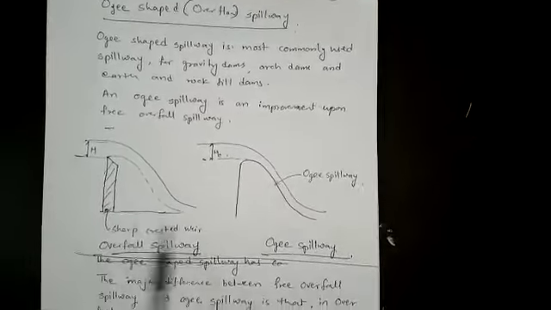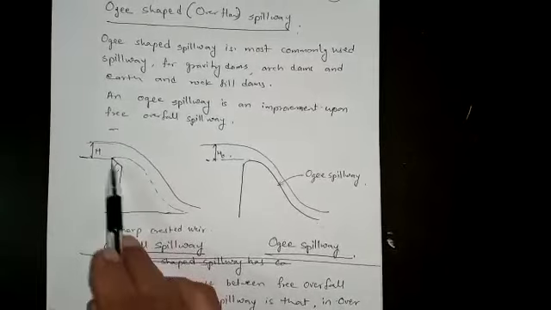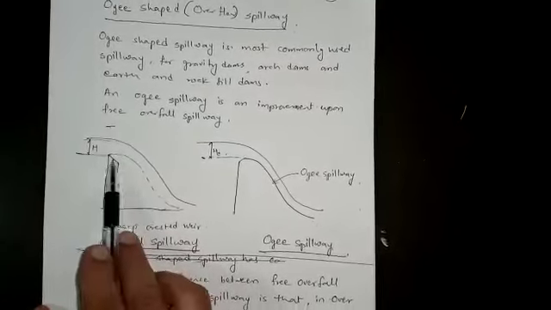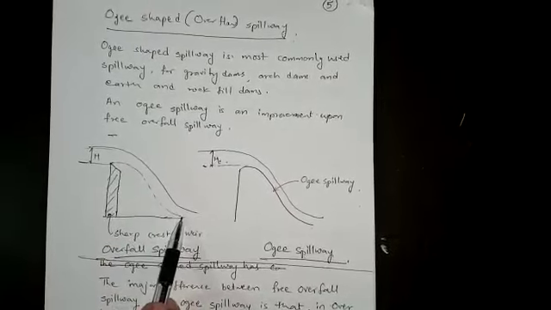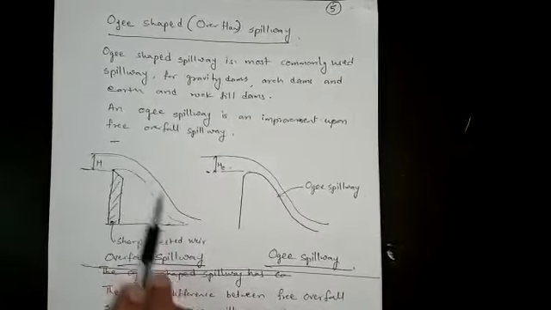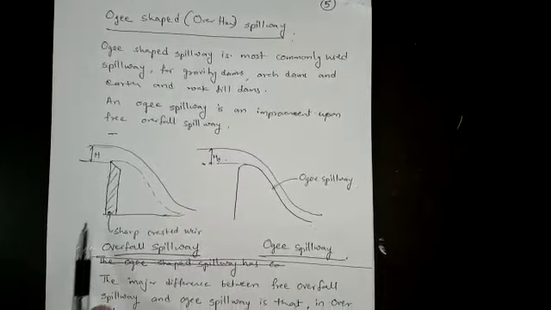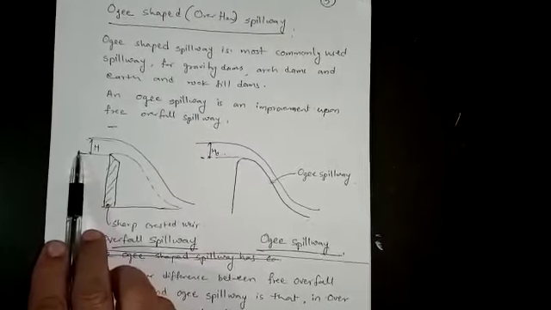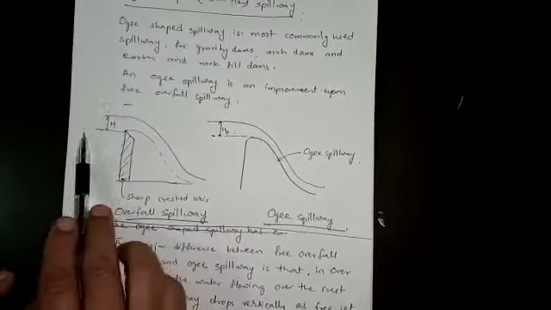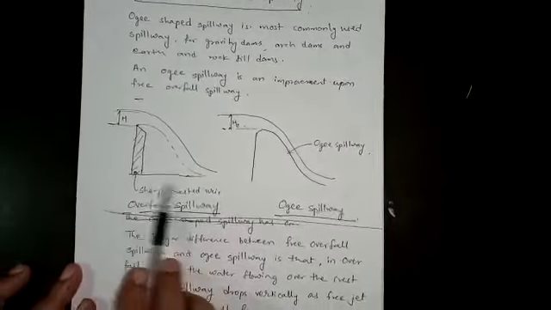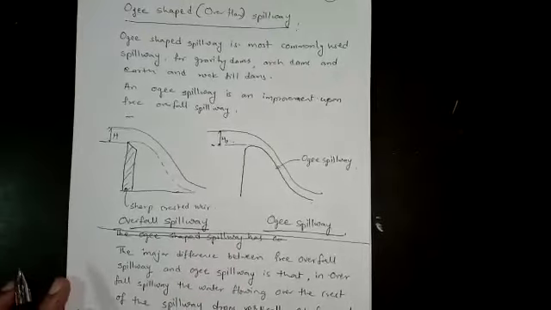The free overfall spillway is like a small vertical wall or a weir and the flow over it is an overfall spillway.